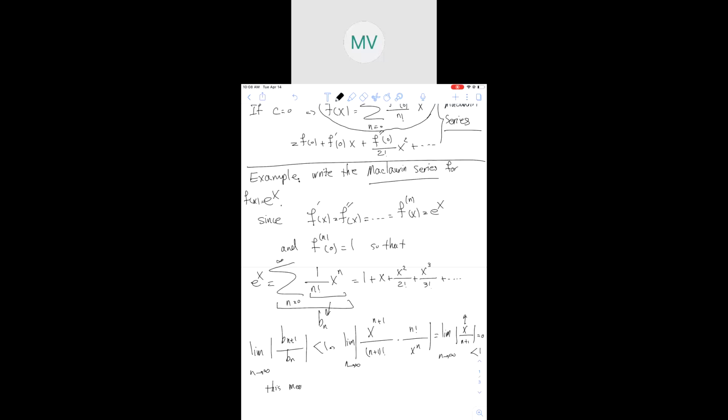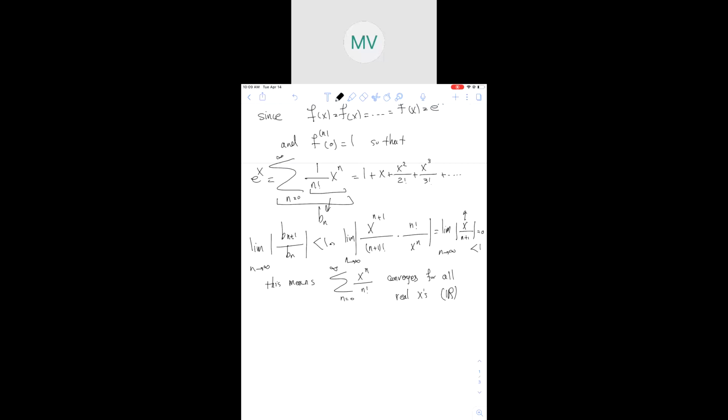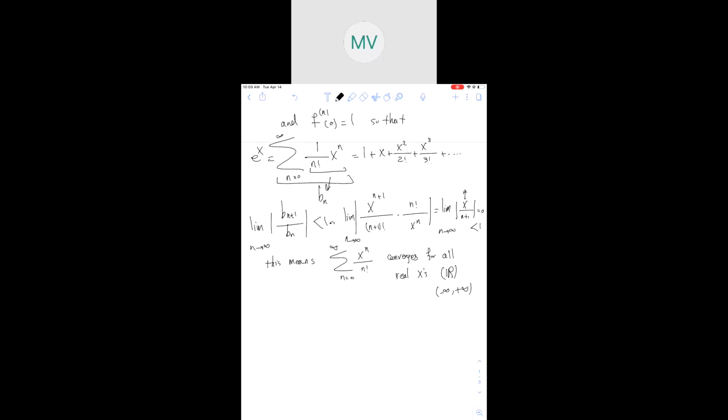This means the summation of x to the n over n factorial, n from 0 to infinity, converges for all real x's. In fact, the set of all real numbers is the interval of convergence, right? Negative infinity to infinity. So we don't have to worry about values that make it diverge.